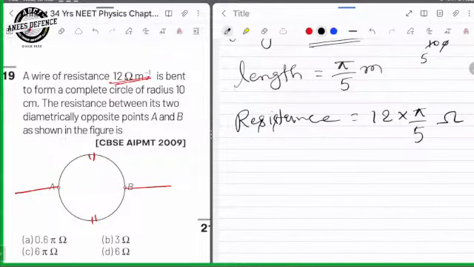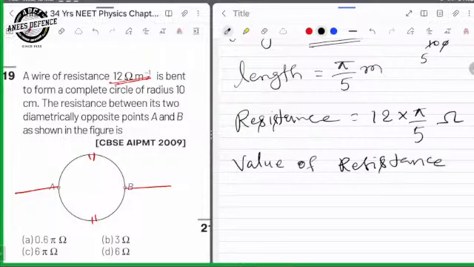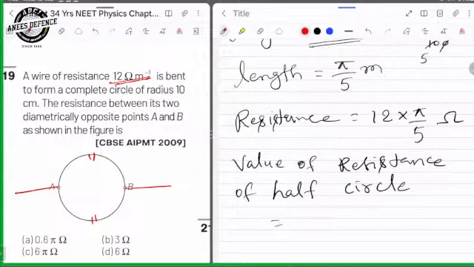So the value of resistance of a half circle, you have to divide it by 2, means 6 pi upon 5. So above value is 6 pi upon 5, and again below value is 6 pi upon 5.